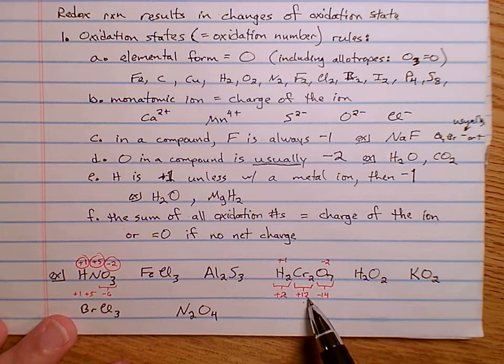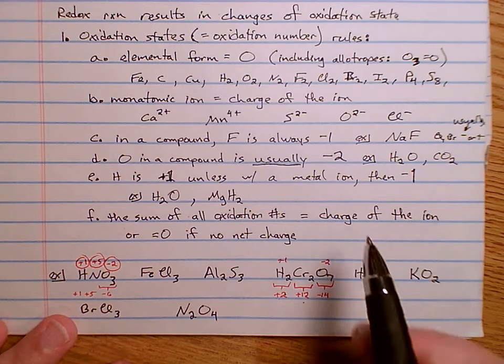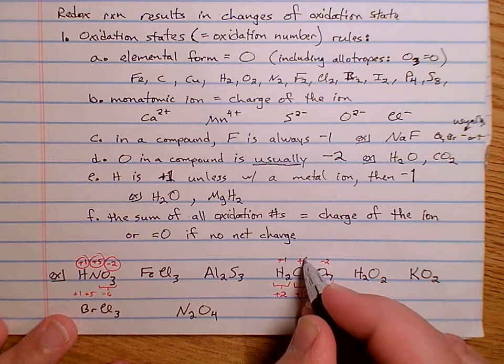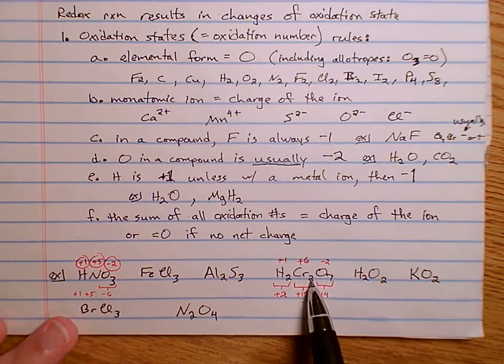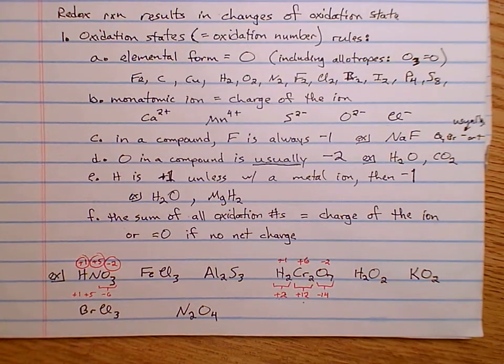So if 2 chromiums are +12, that means each chromium must be +6, because 2 times 6 makes +12. Does that work? Can chromium be +6? If we look at the periodic table, we find yes, indeed, chromium has 6 valence electrons, so it can be +6. This is the highest oxidation state chromium has.